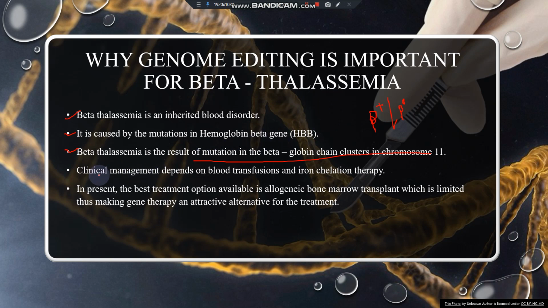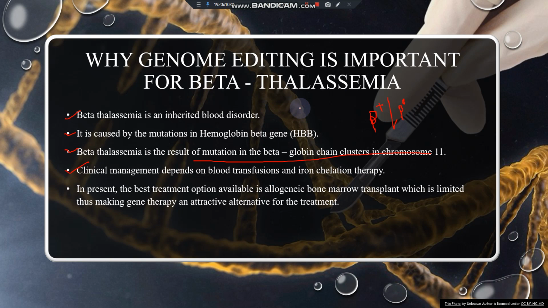Now we are going to talk about the cure or clinical management of beta thalassemia. Clinical management depends on blood transfusions and iron chelation therapy. The cure is stem cell transplant, the only treatment that can cure this disease.